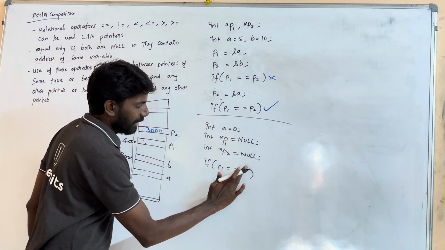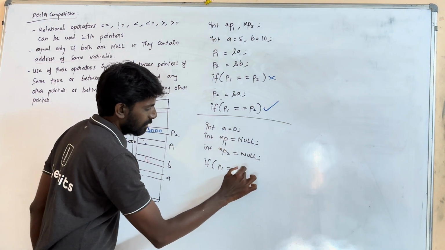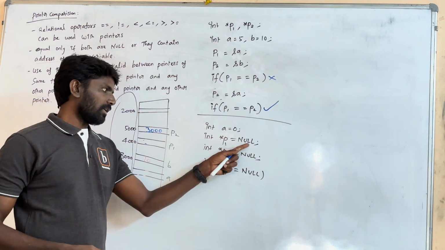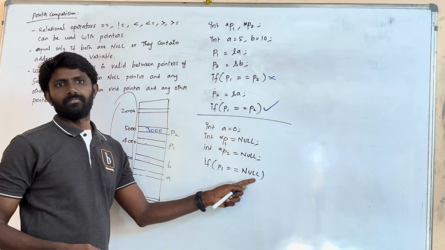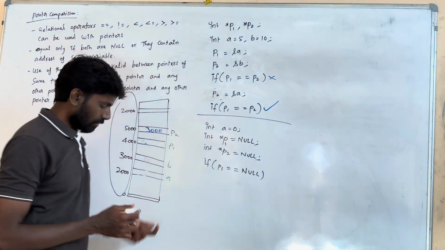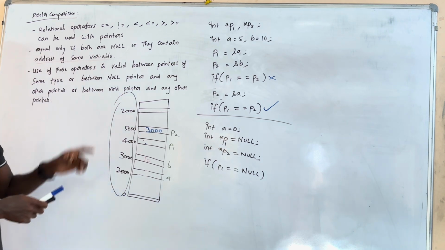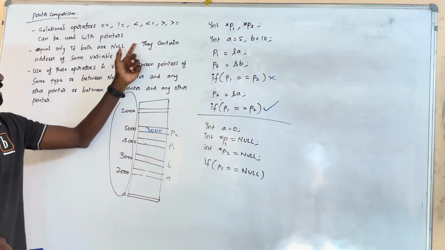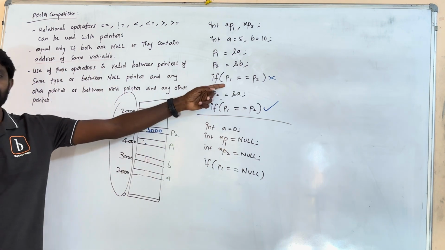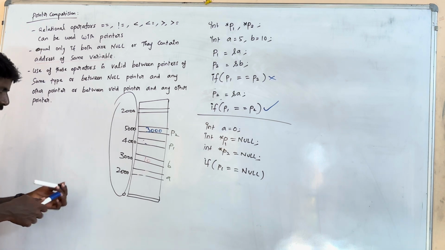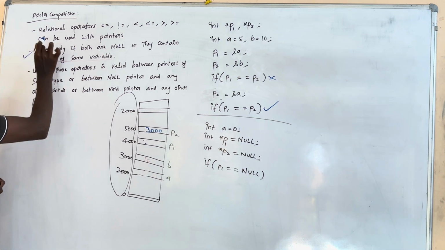Or you can compare like this also, p1 is null equal to null. Like this also you can compare. So I hope this whole point is clear for everybody. Equal only if both are null or they contain the address of the same variable. Okay, fine. So that's about the second one.